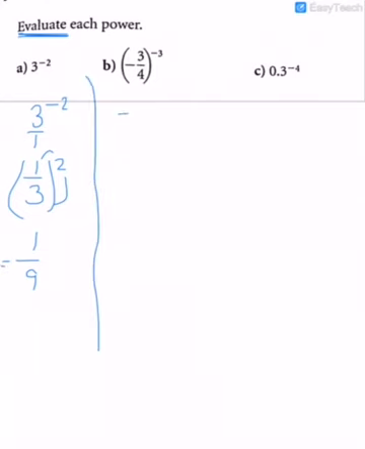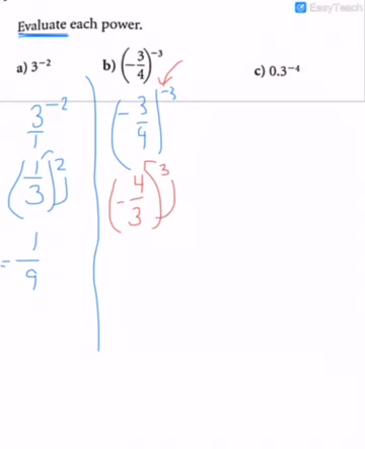Let's try the next one. It's -3/4 to the power of -3. So first, I want to deal with that negative exponent up there. That negative exponent, again, flips the base, so it's going to become -4/3. But now my exponent has changed to be positive. Now I can apply that power of 3 to both the top and the bottom.